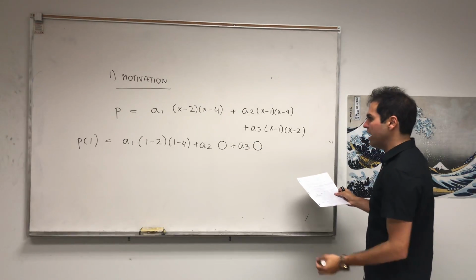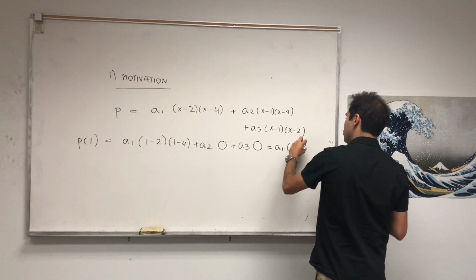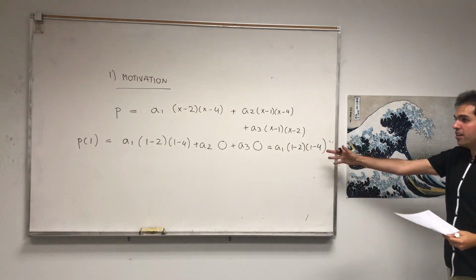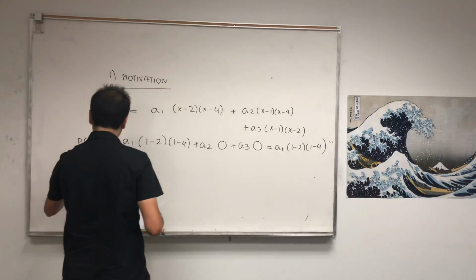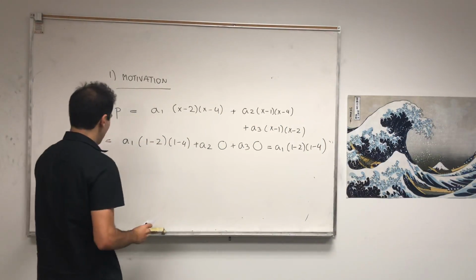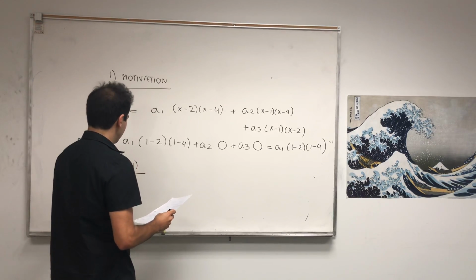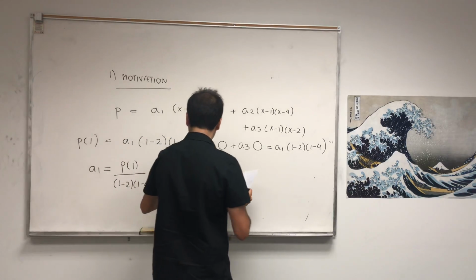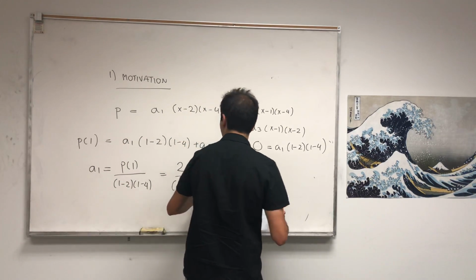So you're just left with a1 times (1 minus 2)(1 minus 4), which tells you precisely that a1 is your polynomial value at 1, which is 2, over (1 minus 2)(1 minus 4).